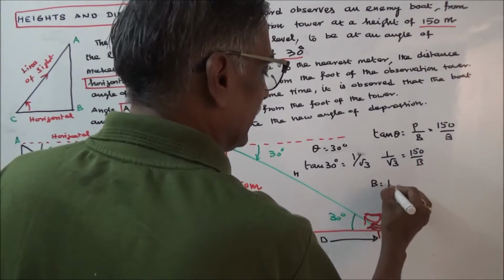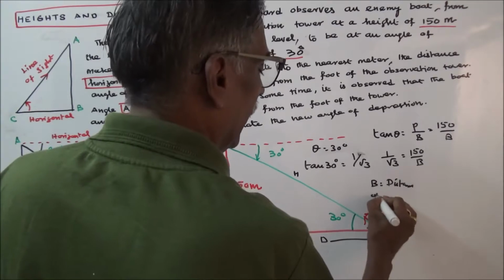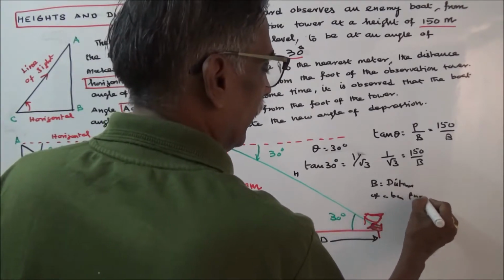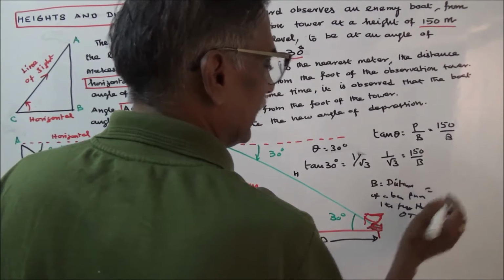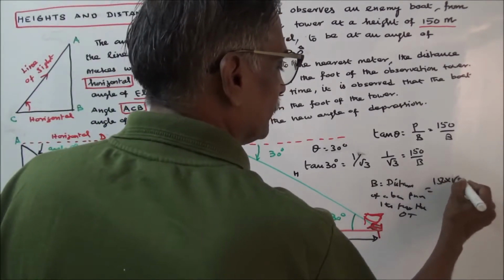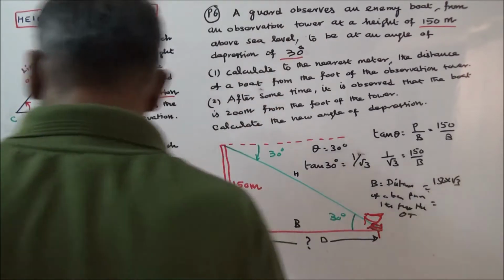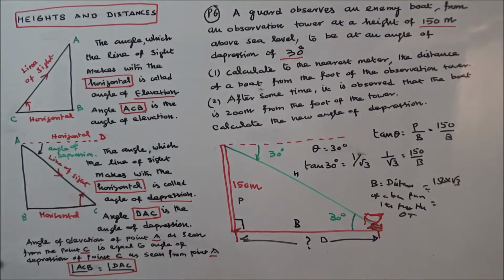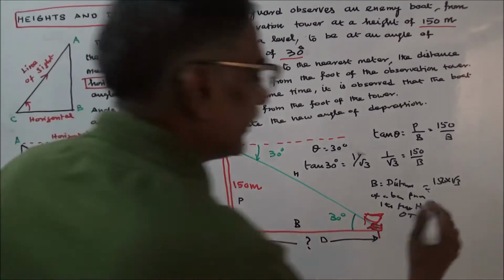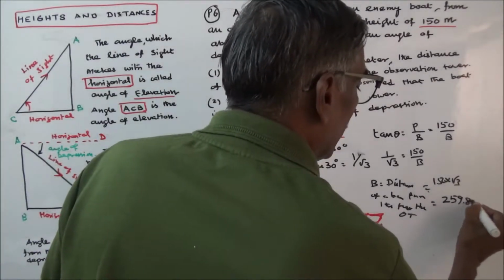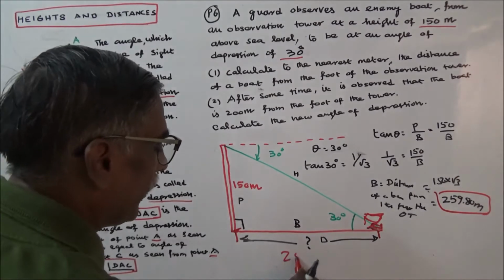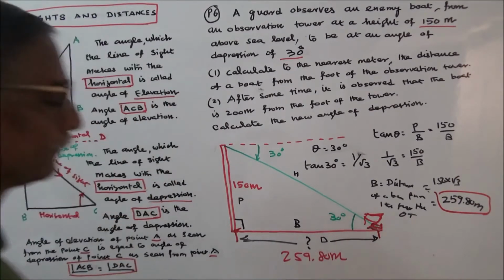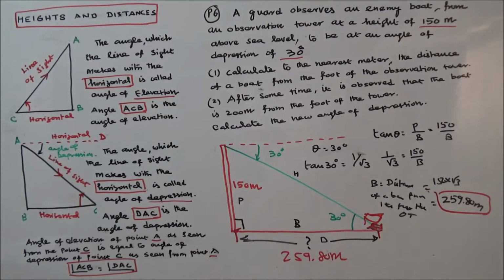The distance is 150 into root 3, which is equal to 259.80 meters. That is the answer to the first question.